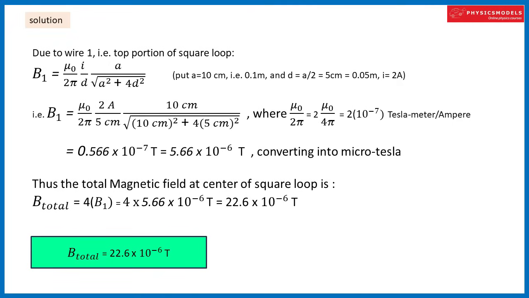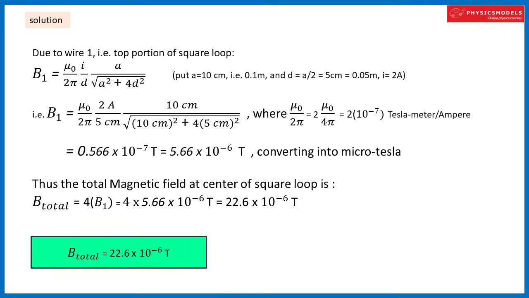On top, I by d, I is equal to 2 amperes, and the distance of the point P from the wire is 5 centimeters. And then you can put a equal to 10 centimeters, which is the length of each wire, and divide by root of 10 centimeter whole squared plus 4 into 5 centimeter whole squared. When you do that, you will get 0.566 into 10 to the power minus 7 Tesla. Convert it as 5.66 into 10 to the power minus 6 Tesla. Normally the magnetic field is written in terms of microtesla.